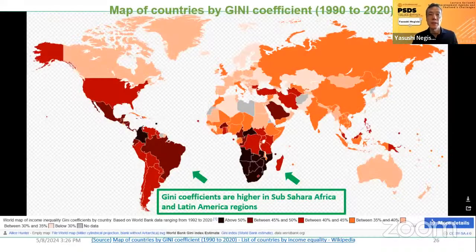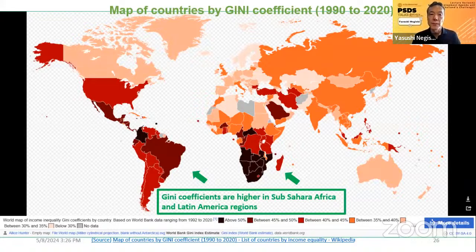Based on the Gini coefficient, this is the world map of each country's Gini coefficients. Darker color means the number is close to 1, and lighter color indicates a Gini coefficient close to 0.